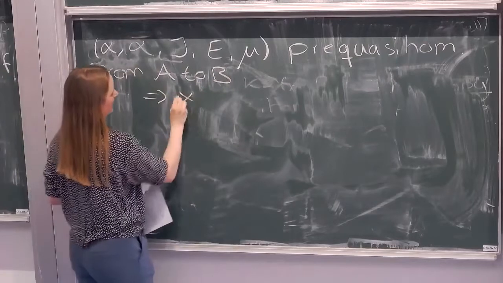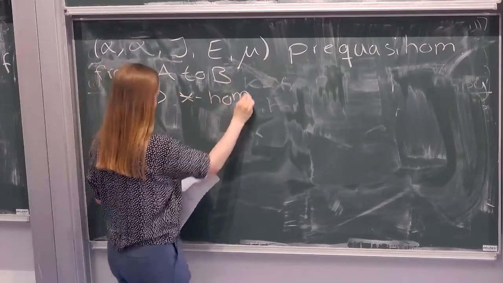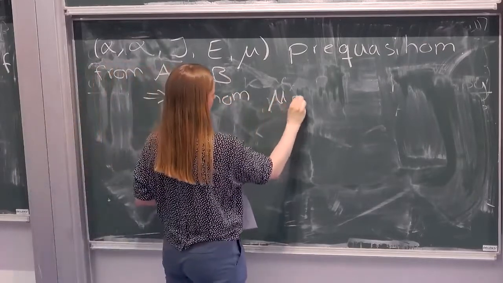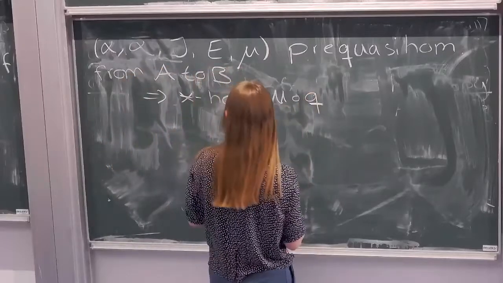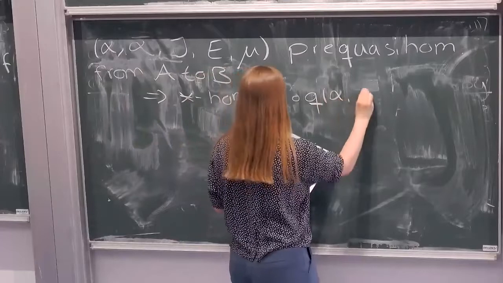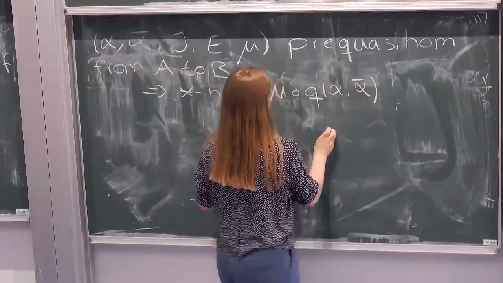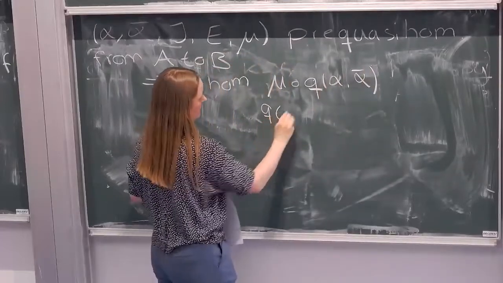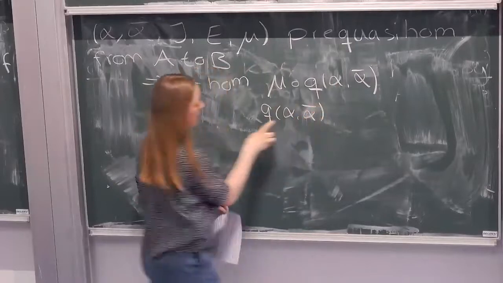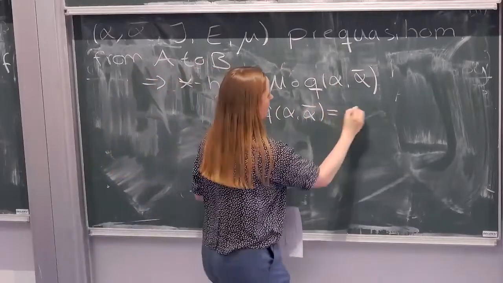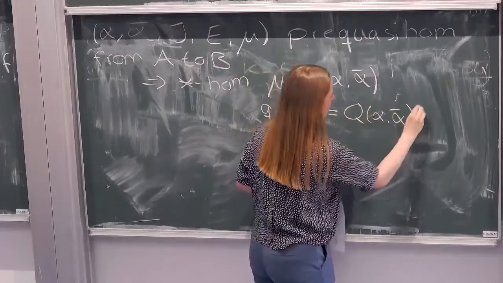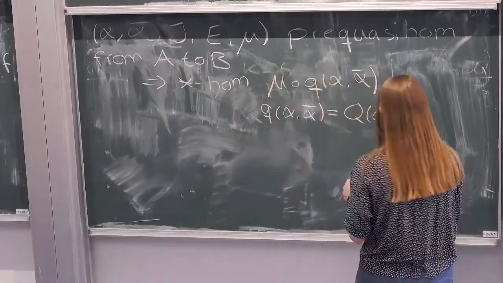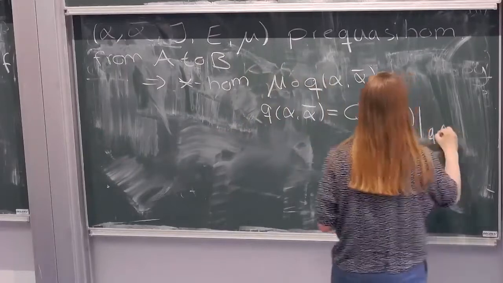then we obtain a star homomorphism when we take mu and compose it with this map little q alpha alpha bar, and little q alpha alpha bar is just the big Q restricted to the ideal QA.